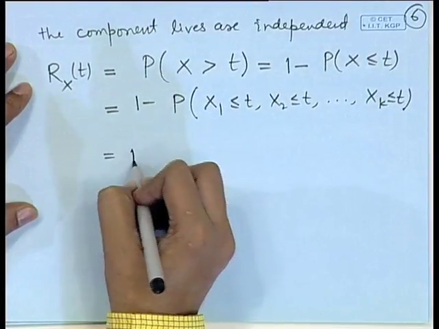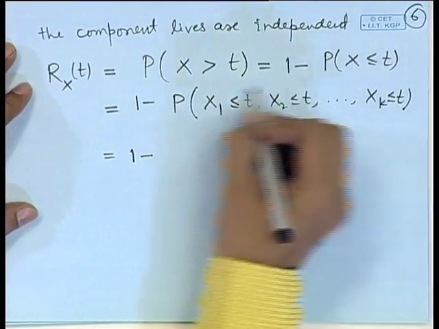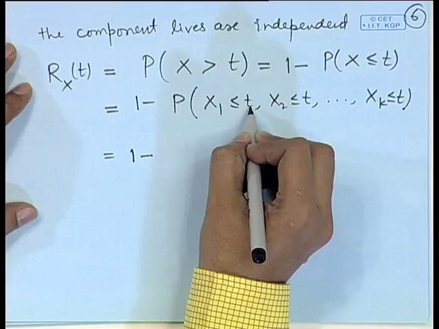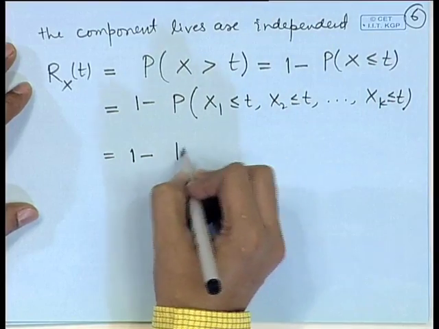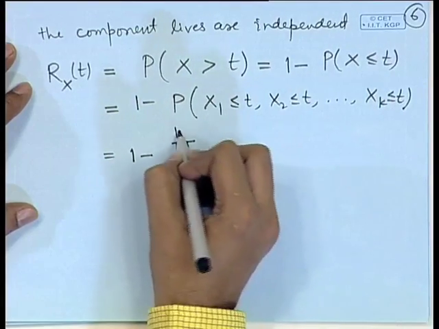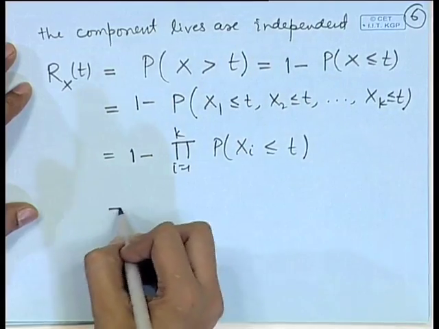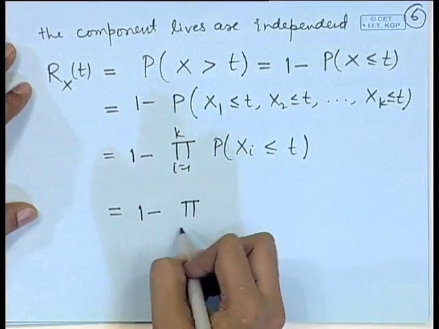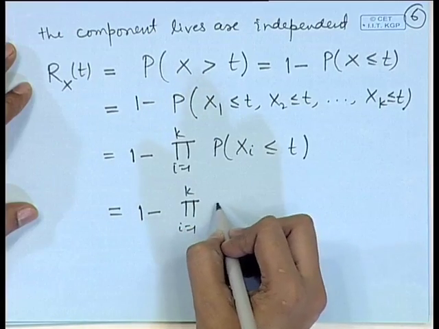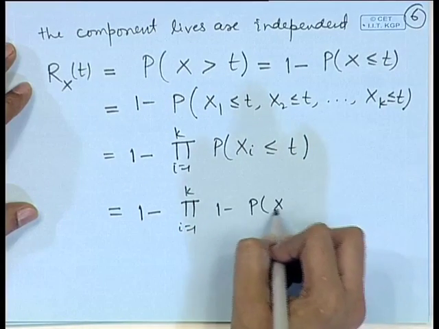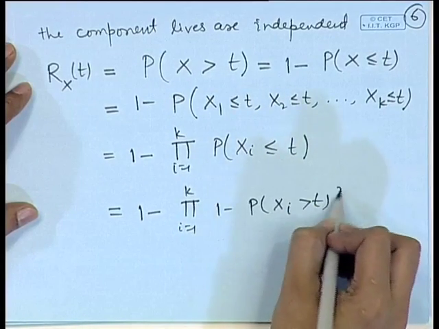This is equal to 1 minus. Now, once again we can make use of the independence of the lives of the individual components. So, it becomes the product of the probabilities x I less than or equal to t, which is nothing but 1 minus probability of x I greater than t.